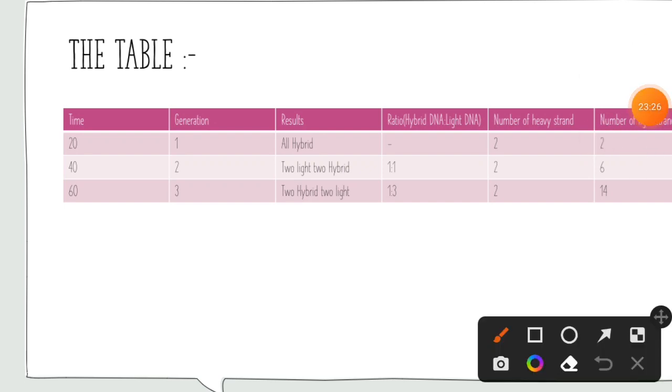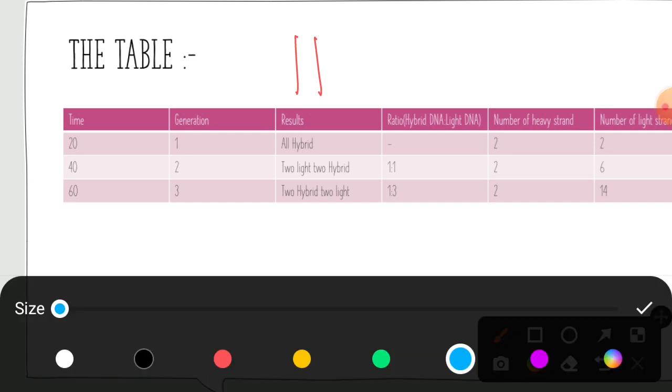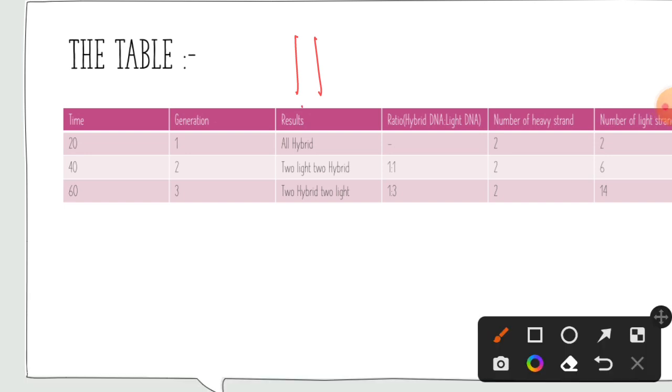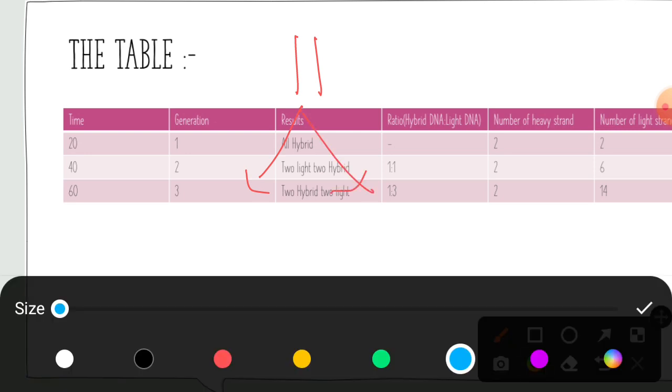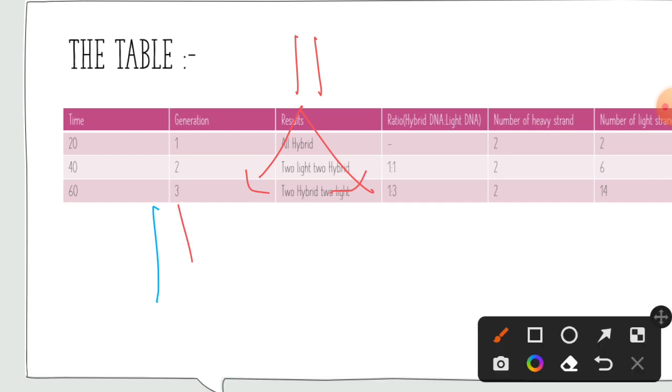First of all, we started our journey from the parental strand, right? Then after the end of the first generation, we got 2 hybrid, right? Then this is the end of the first generation, right?